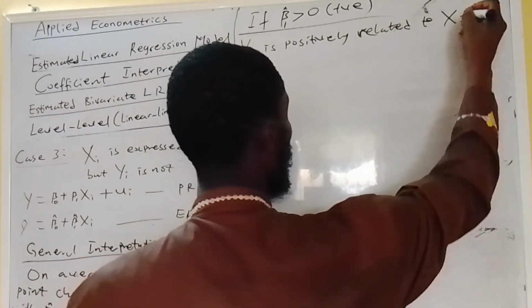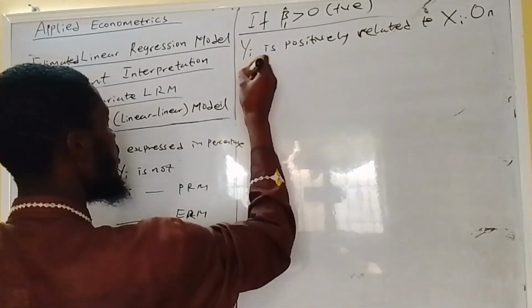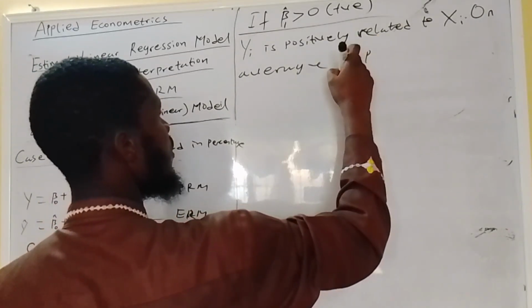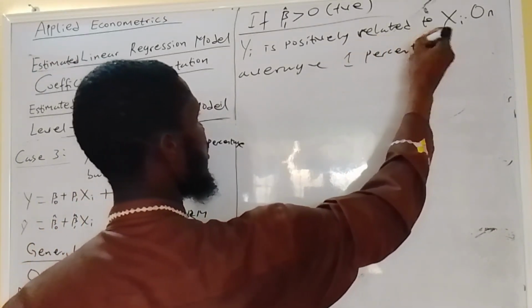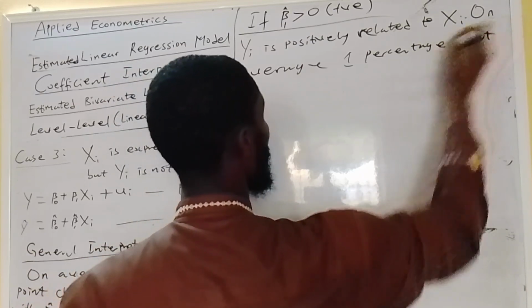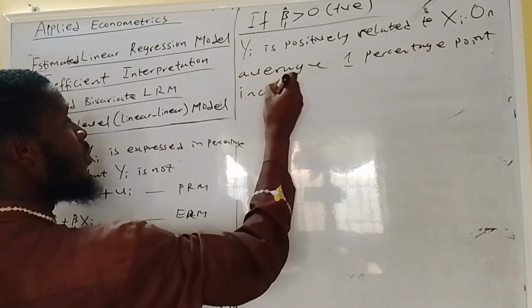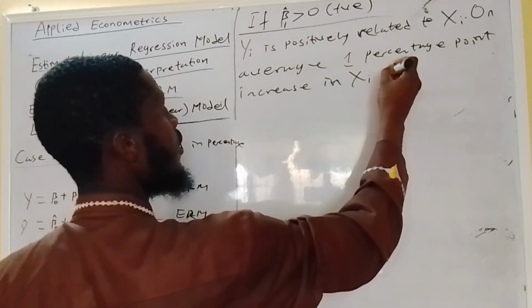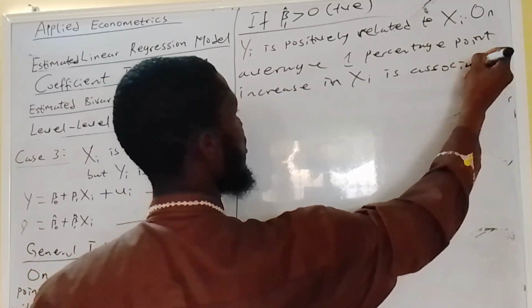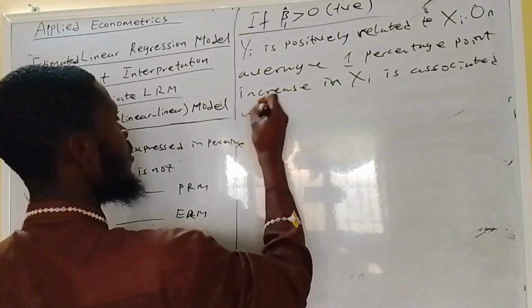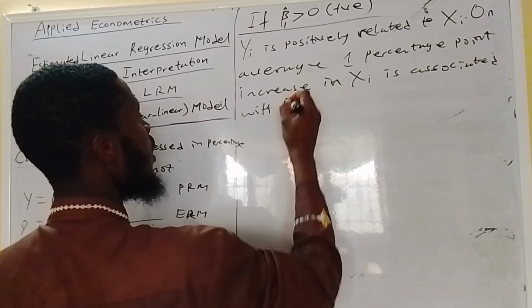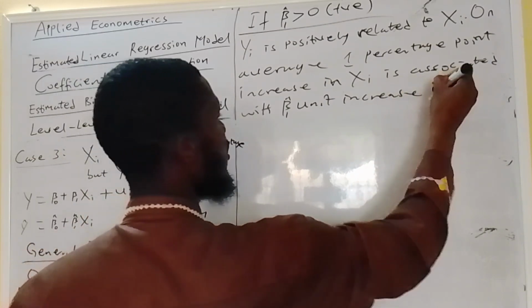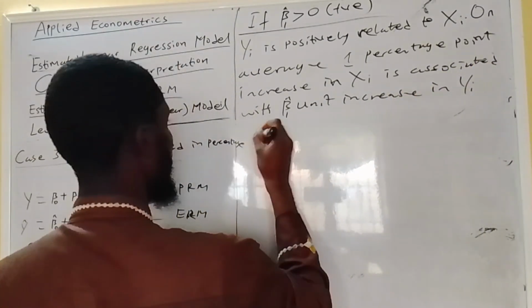So in other words, on average, a 1 percentage point increase in x is associated with beta 1 hat unit increase in y, and vice versa.